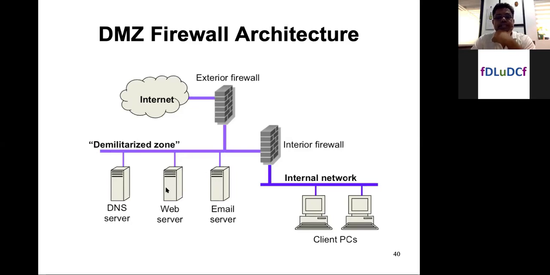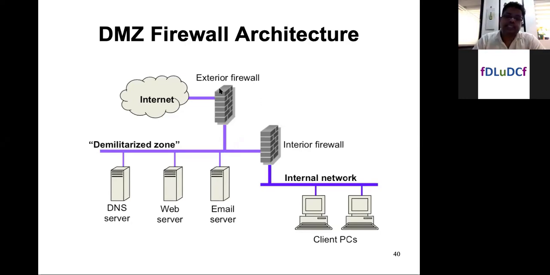In the demilitarized zone architecture, usually we create a different subnetwork in the same firewall, or we use two different firewalls to create the demilitarized zone. Most modern network security architectures use two different firewalls. Sometimes we advise using these two firewalls from two different vendors as well, to get more protection.